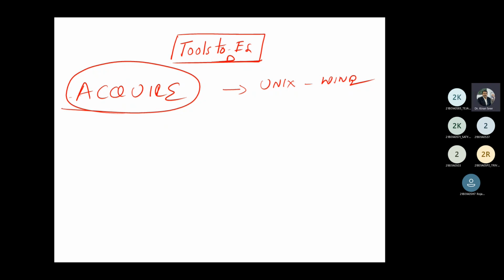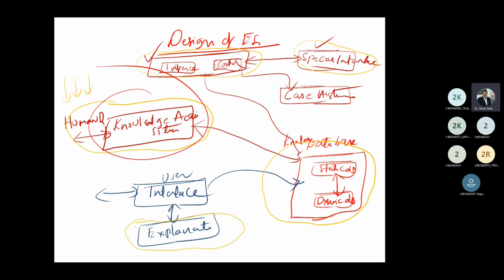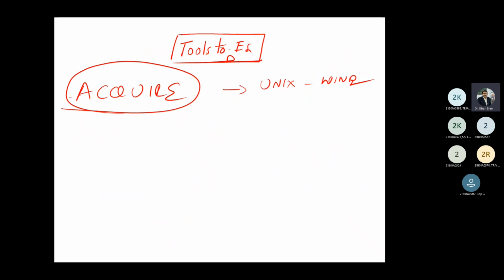And then if you wish to have a phase called special inference, which will talk about uncertain data, you have a tool called RT. RT itself is the name of the company, where if you wish to develop expert systems which have certainty factors.